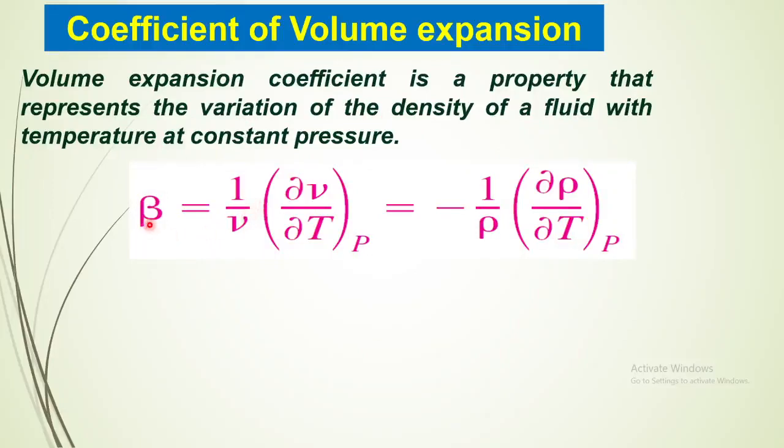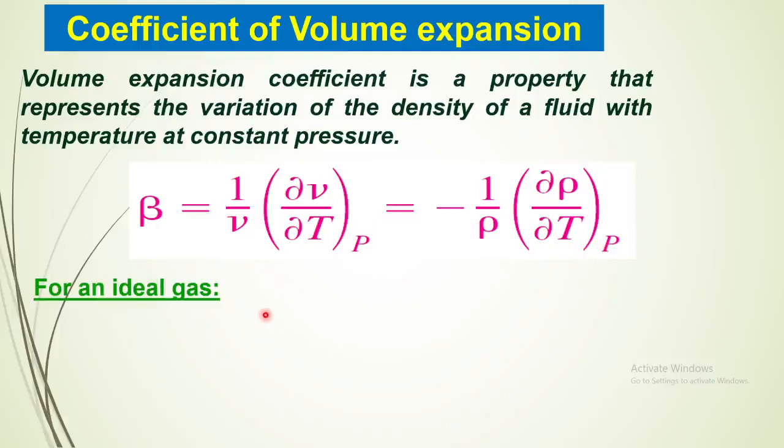So coefficient of volume expansion beta will be equal to delta V over delta T at constant pressure divided by original volume. That is variation of volume with respect to temperature at constant pressure divided by original volume of the fluid. It is also defined as minus 1 by rho into del rho over del T at constant P.